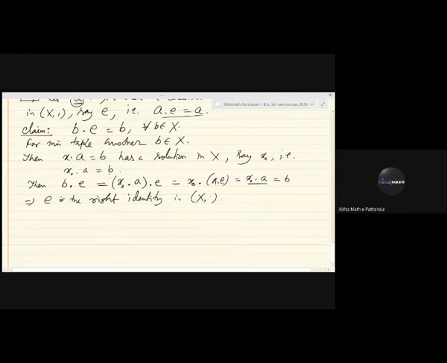So we show that E is the left identity also.